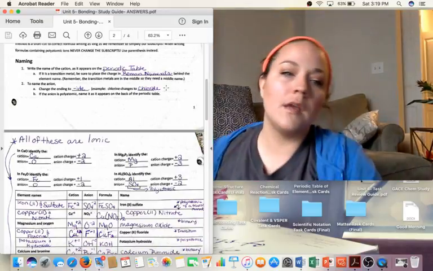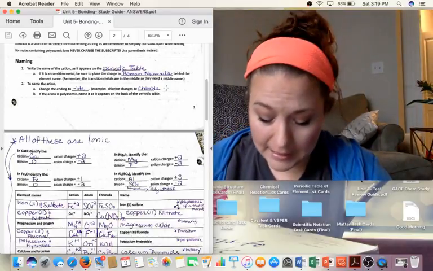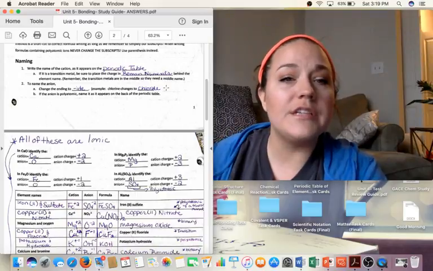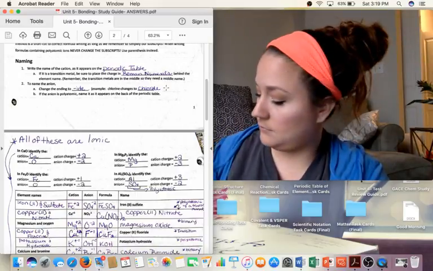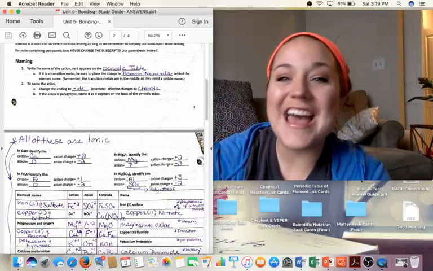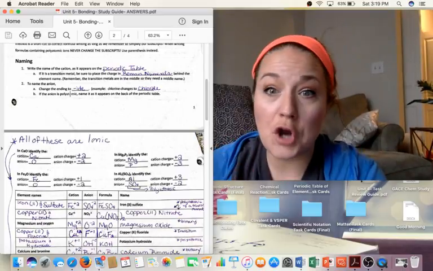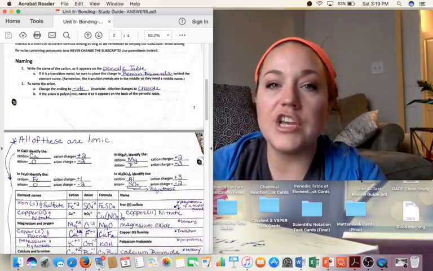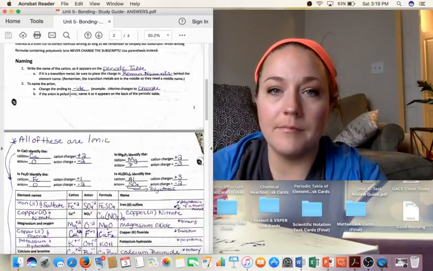All right, so to name an anion, which is the last name, you're going to change the ending. So if it's carbon or oxygen, you're going to change it to an IDE.